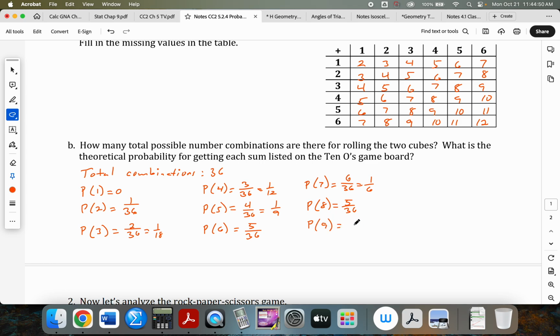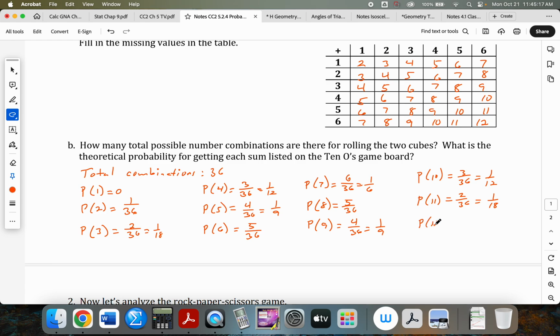Probability of getting a 9 is 4 out of 36, which is 1/9. Probability of getting a 10 is 3 out of 36, which is 1/12. Probability of getting an 11 is only 2 out of 36, which is 1/18.